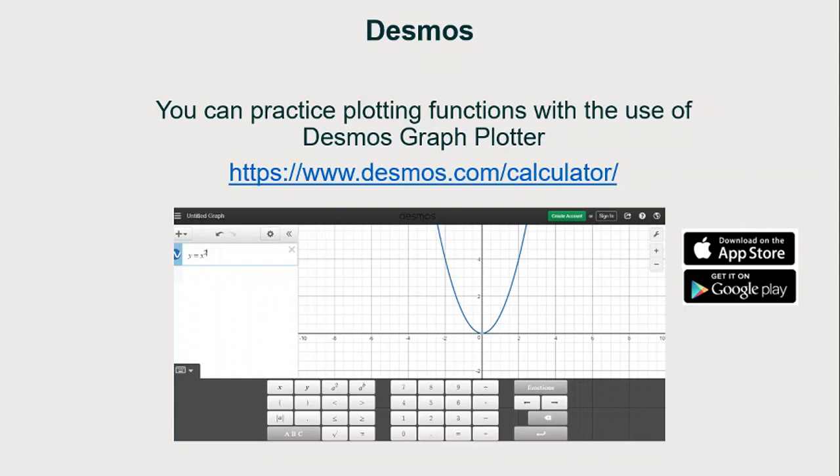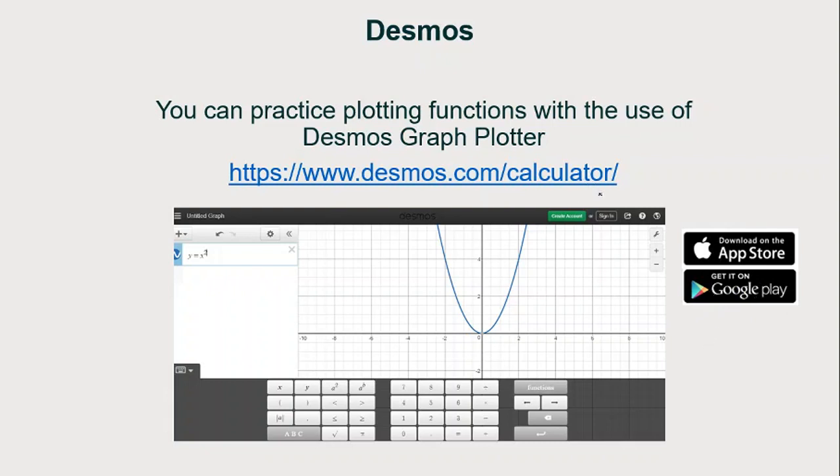To practice it, I recommend you use the Desmos graphing calculator, which is available on App Store and on Google Play as a standalone application that you can download for free. You can also follow the link.